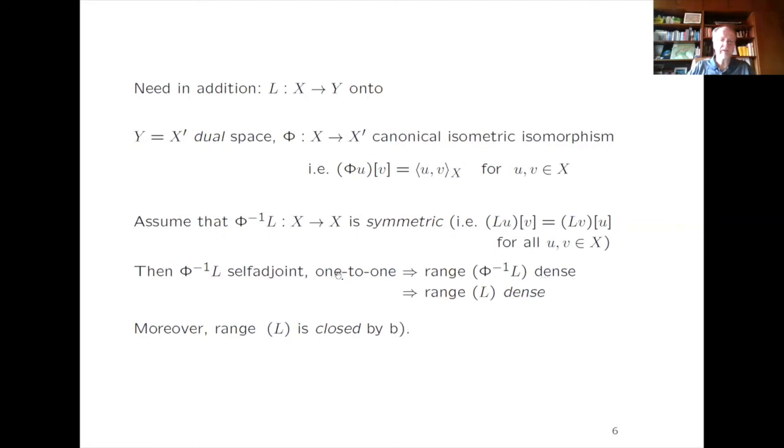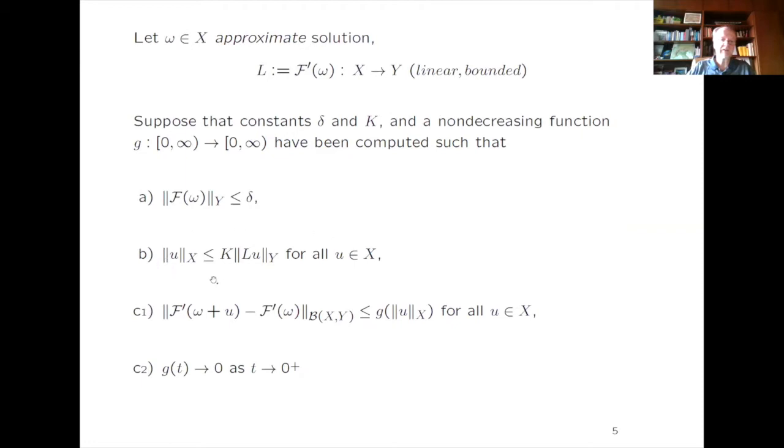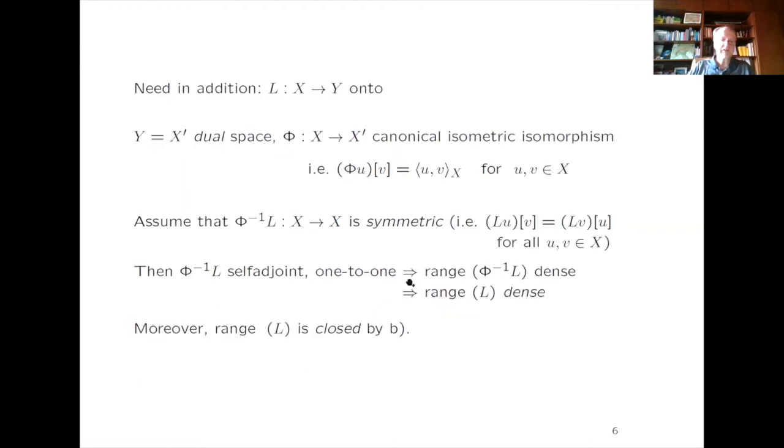Self-adjoint and injective operators always have dense range. And since phi is an isometric isomorphism, that means also the range of L is dense. Furthermore, we also know that the range is closed. This is again an easy consequence of this assumption here. So the range is dense and closed, so it is the whole space. So that gives this onto-ness of the operator L in this choice for the space Y.